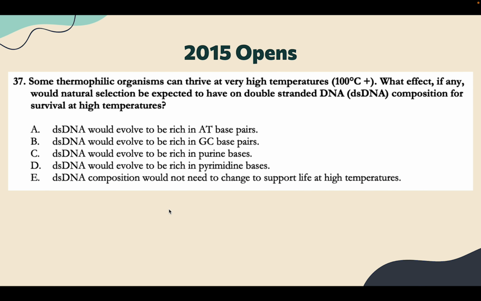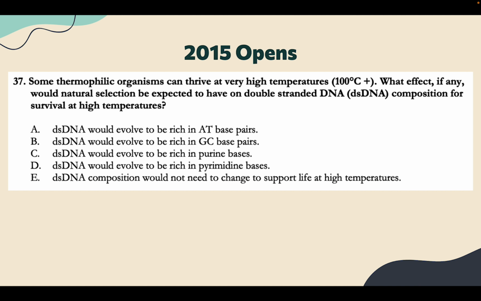All right, take a look at this one. This one's from 2015 opens, and it's about DNA. Okay, so I don't think I actually talked about this in the video lesson, but if you look at the pairing, when adenine pairs with thymine, there are 2 hydrogen bonds, and when guanine pairs with cytosine, there are 3 hydrogen bonds.